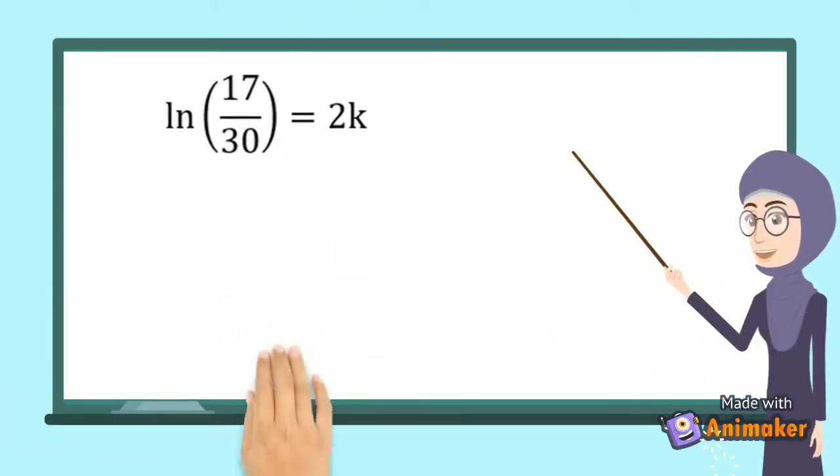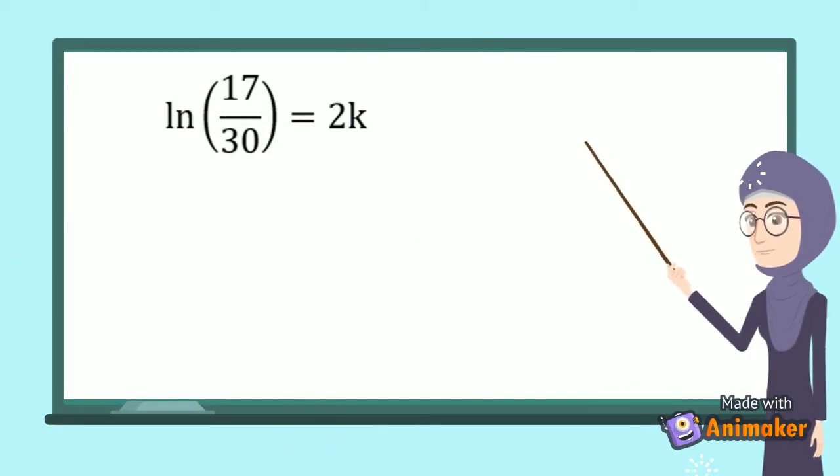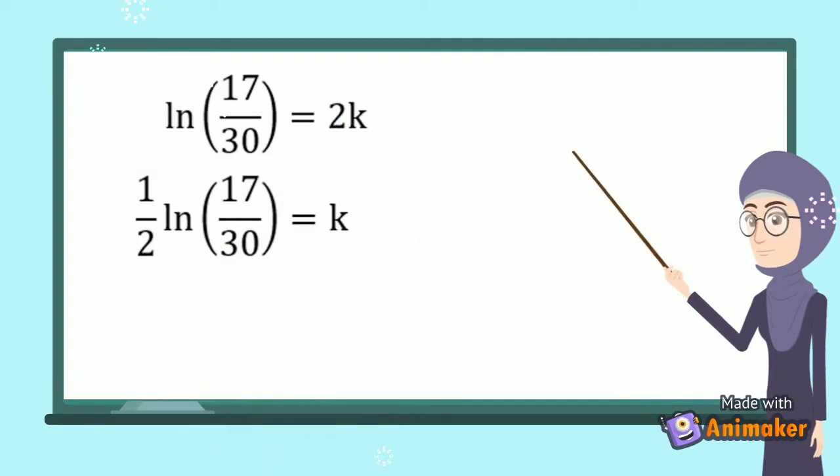We need to apply ln on both sides to remove the exponent. After doing that, we get ln of 17 divided by 30 is equal to 2k. After that, we divide by 2 on both sides of the equation, and we get 1 over 2 ln of 17 divided by 30 is equal to k.